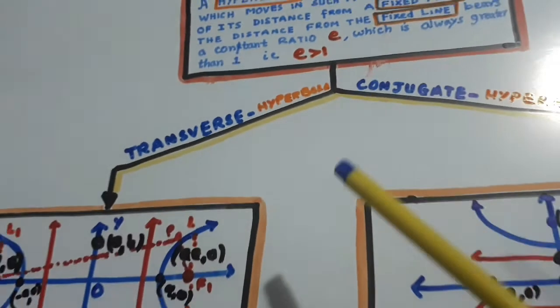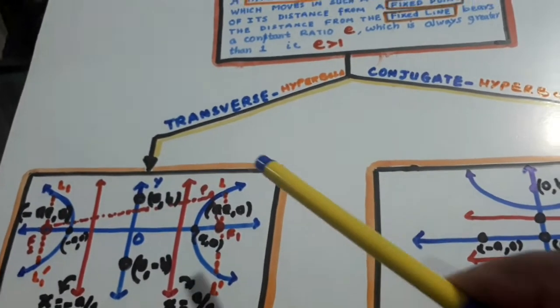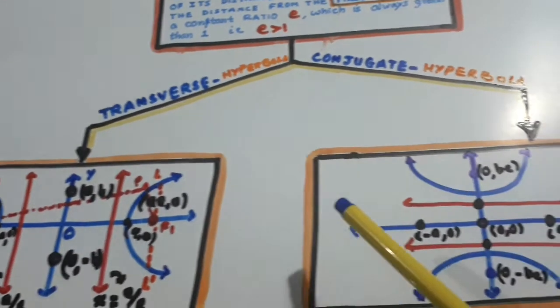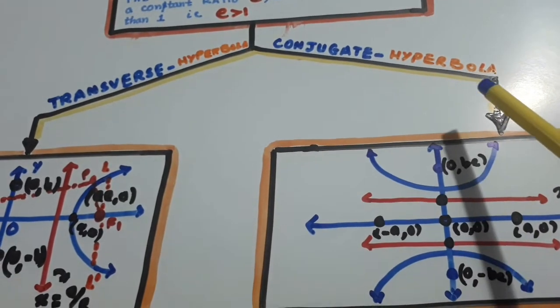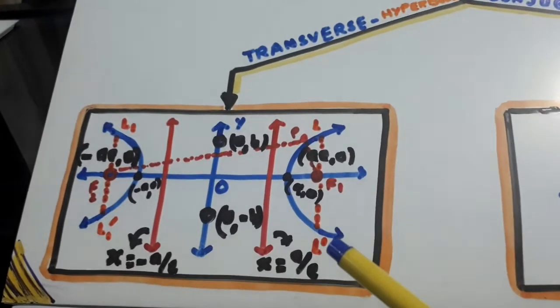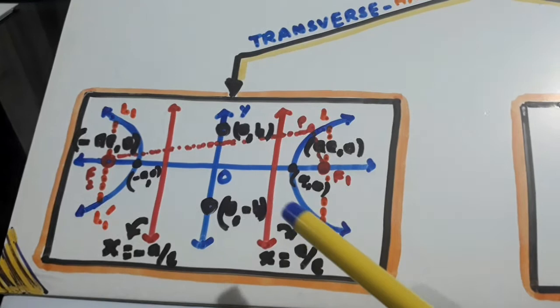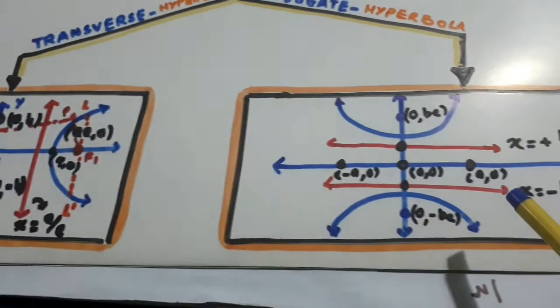Now, there are two types of hyperbola. One is the transverse hyperbola and other is conjugate hyperbola. Now, these are the various parts shown to you of both of them.